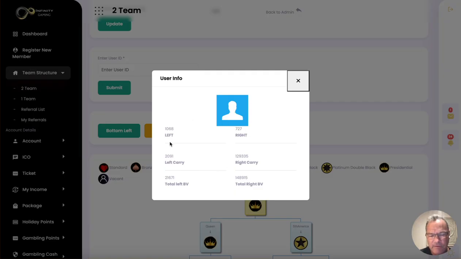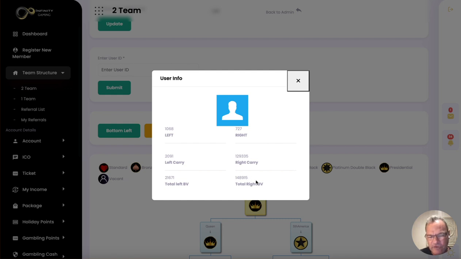So number of people left and right, the current week is here, and the total since the beginning of his campaign is there. Technically, if you knew this was a platinum or a presidential, whichever status it was, you could literally look at that weakest leg. If it was a platinum, 21,671 BV, which is the same as euros, multiplied by 10%, that's what this particular user has earned in the last 4 weeks.